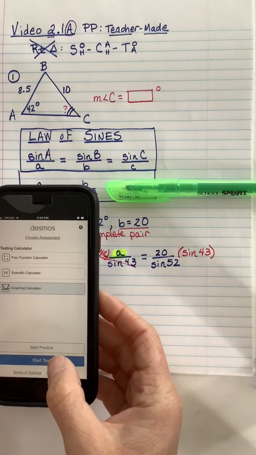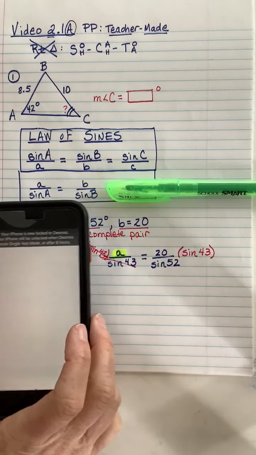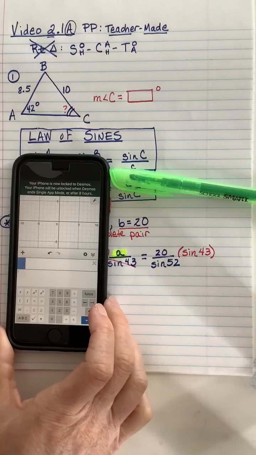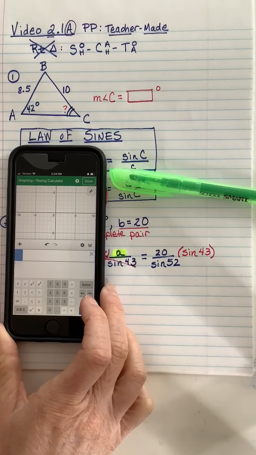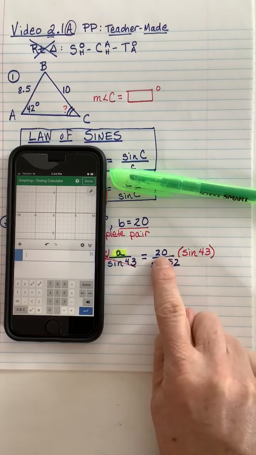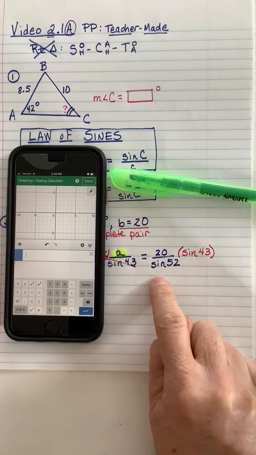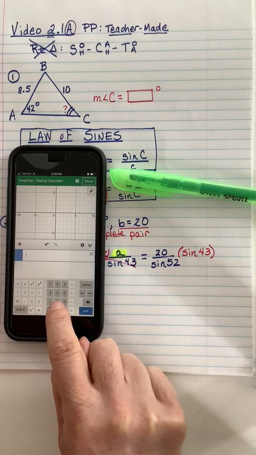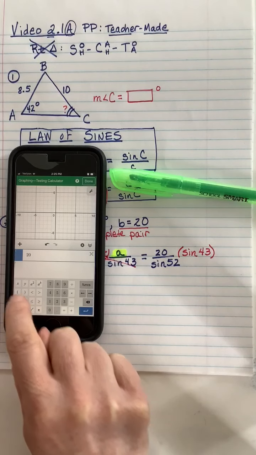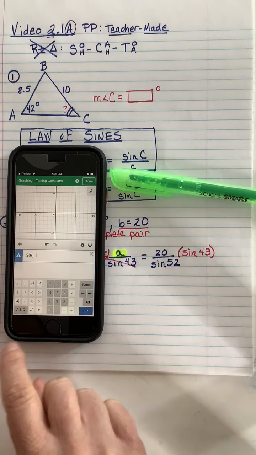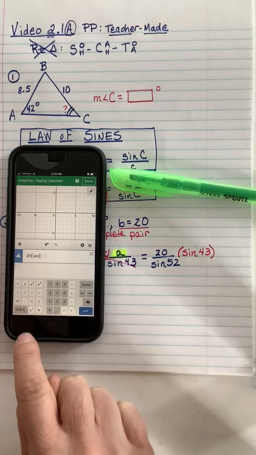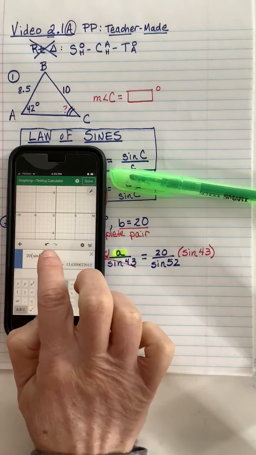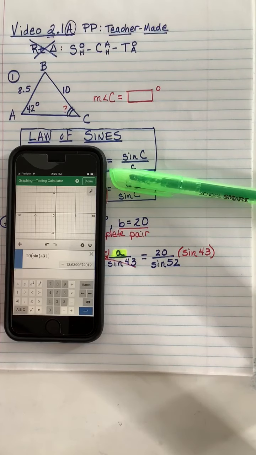Here I am setting up my test mode. I'm set to figure out what little a is going to be. Okay, so I need to input this expression into my Desmos. So I've got 20 times sine 43. And what am I going to do with that?